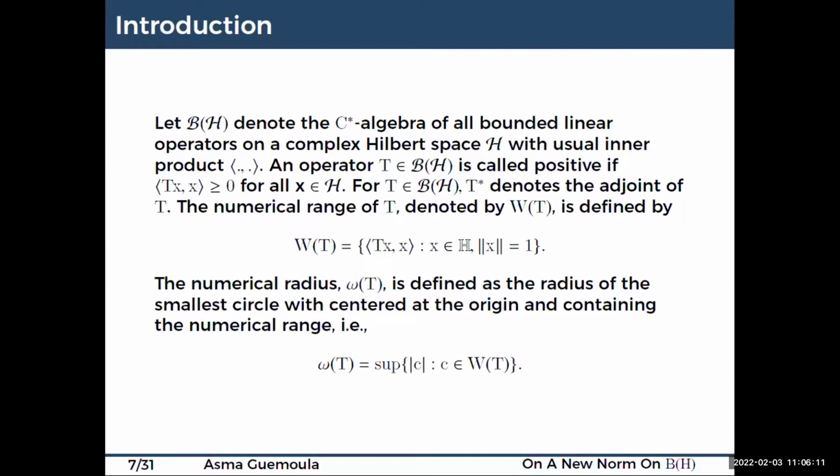The numerical radius omega(T) is defined as the radius of the smallest circle centered at the origin and containing the numerical range, and is defined by this.